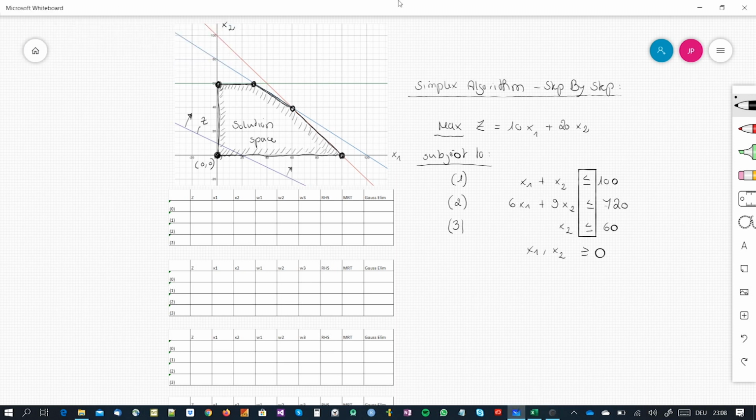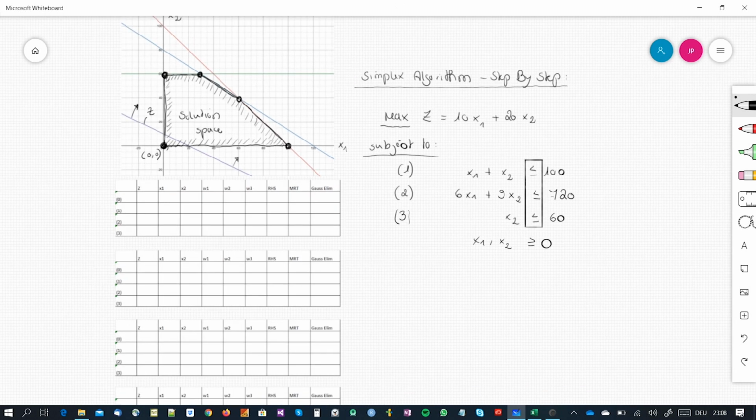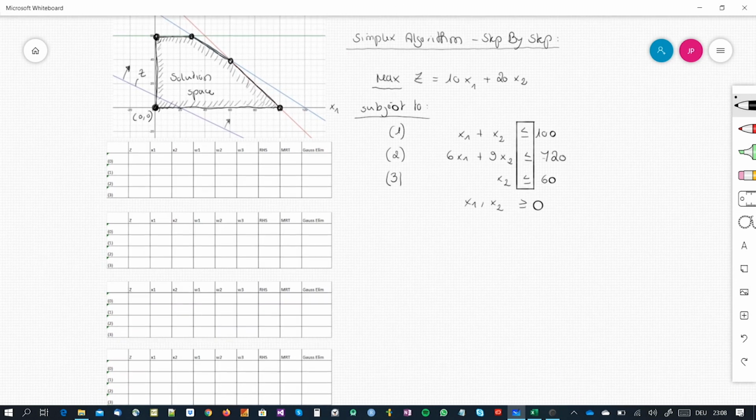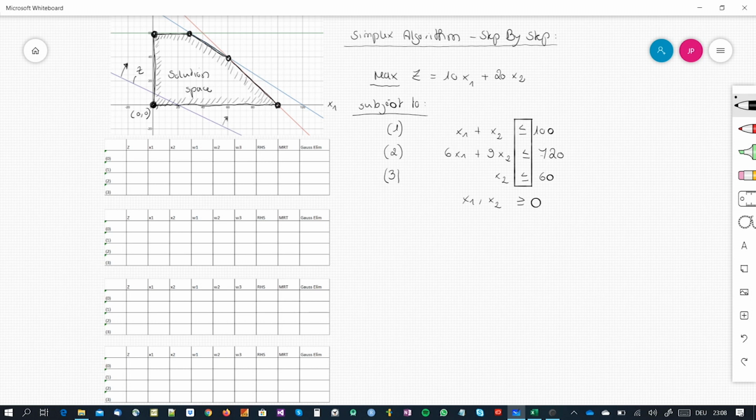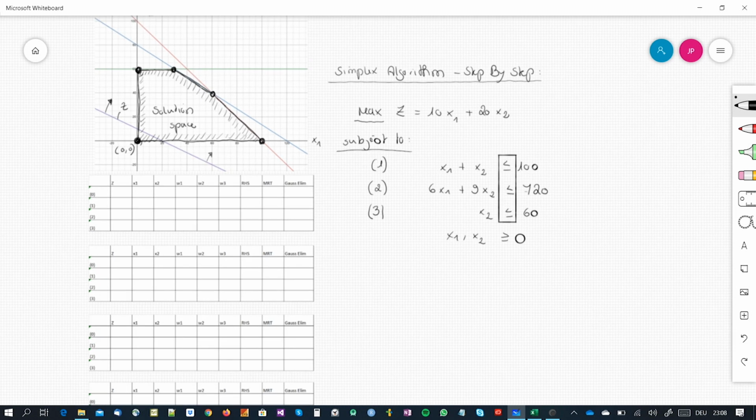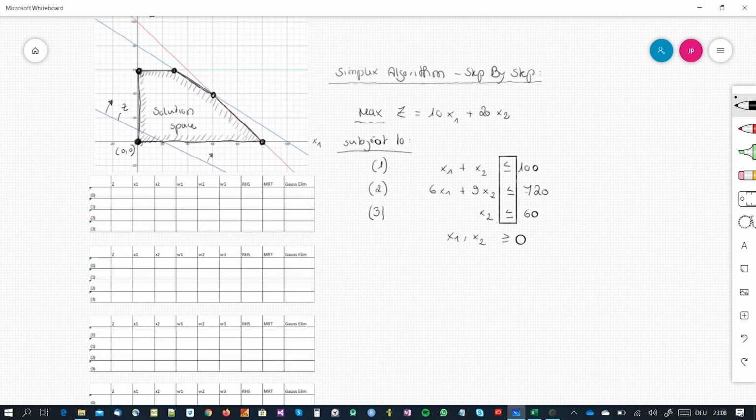So the first thing that we need to do to perform the simplex algorithm is that we take just the boundary of our constraints into consideration, and for that purpose we need to introduce some slack variables that define everything that is below our constraints.